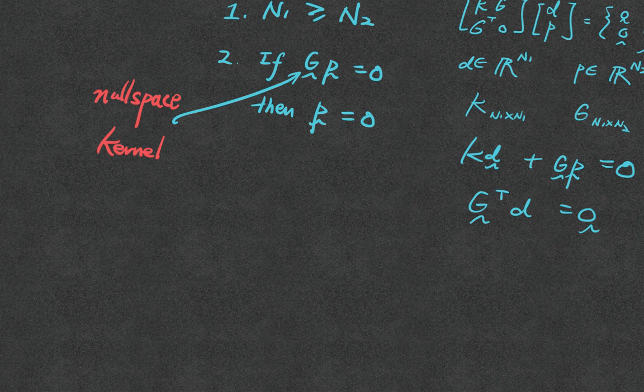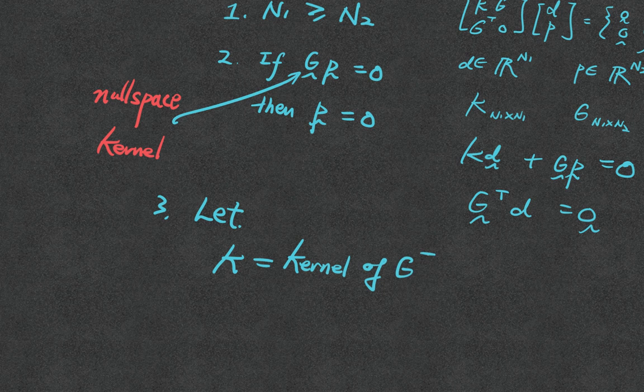They're not identical, but for the argument's sake, I just use null space and kernel in an interchangeable manner, just for simplicity. The first thing we want to do is define a space called K, which equals the kernel of G^T. Okay, what is this?